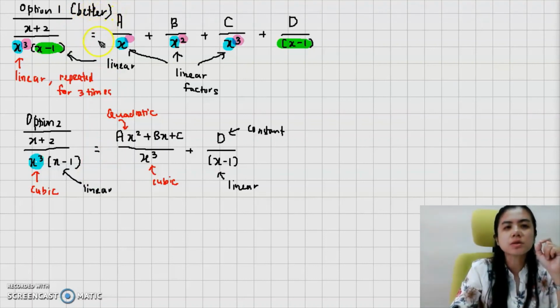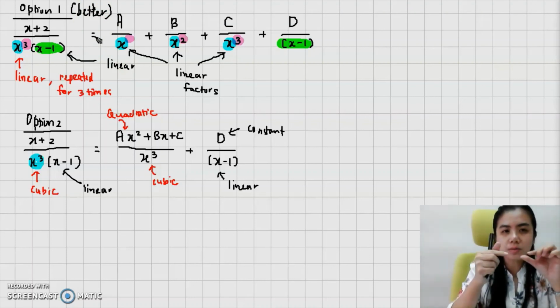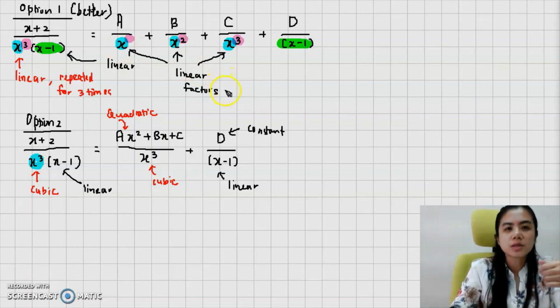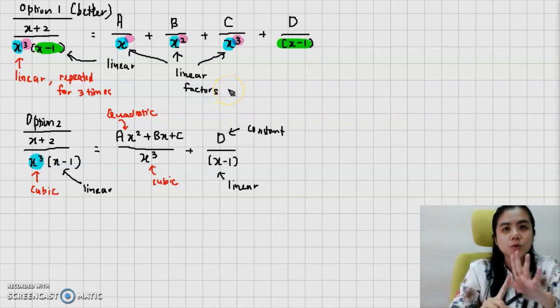It's better because later when we solve the problem, the steps of solving will be shorter compared to option 2. So option 1 is the better option when you have two different ways to solve. Okay, see you next class.